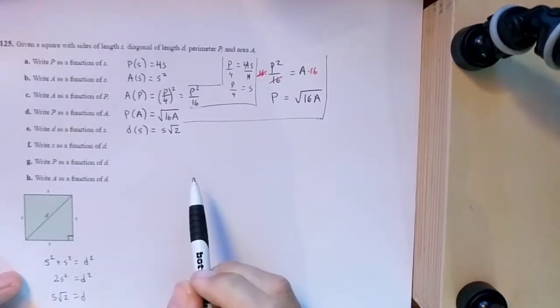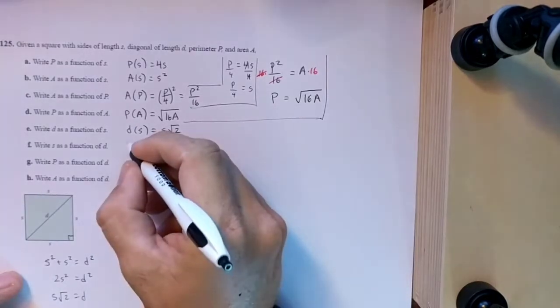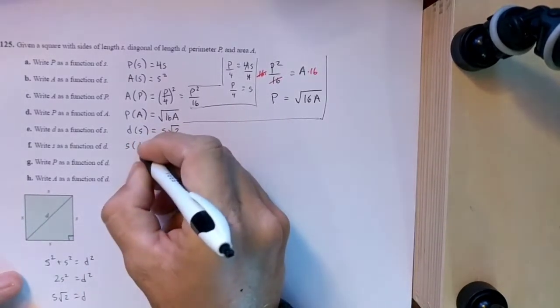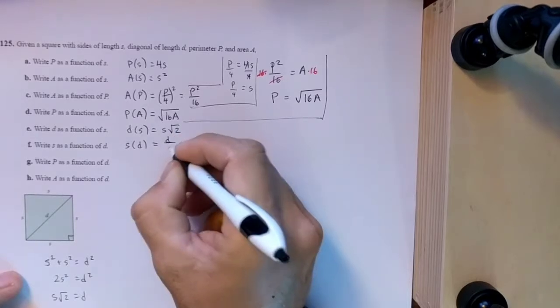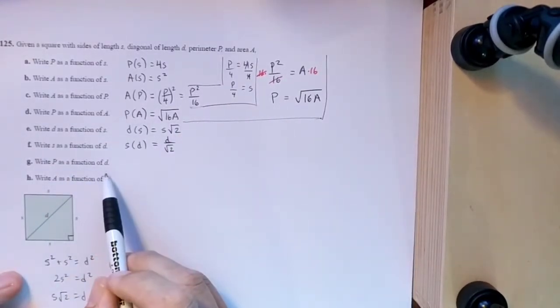Okay. If you solve this for D, you're going to divide by the square root of 2. I'm sorry, solve it for S, my fault. So this would be D divided by square root of 2. The perimeter is a function of diagonal.